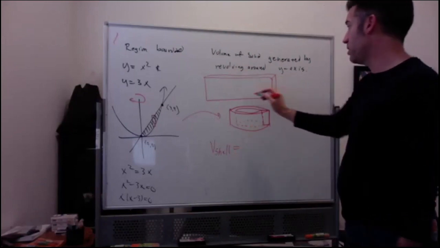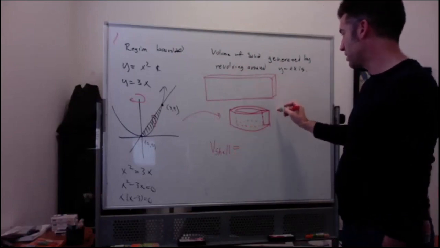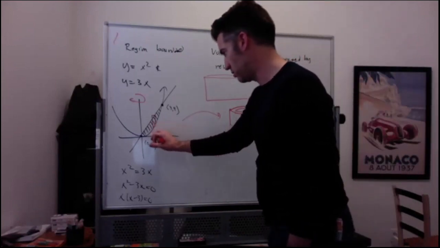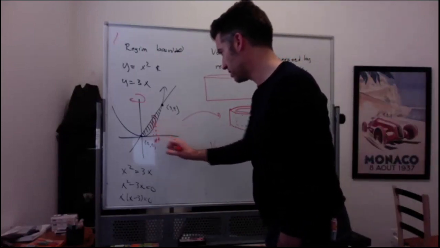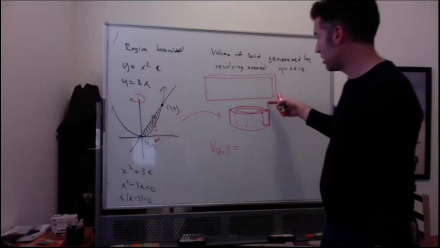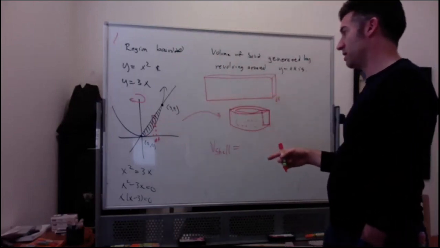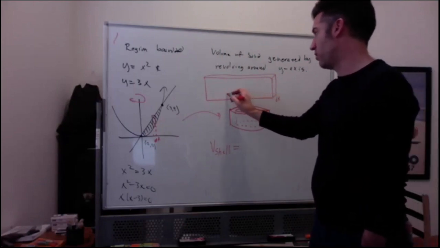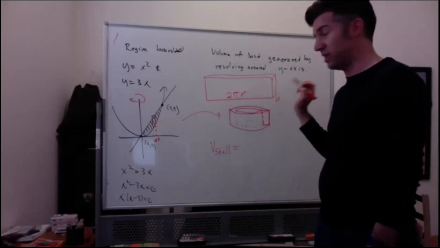But the volume here, well, this thickness is dx, right? Just like this thickness here is dx. And this length here is the length of the circumference, which is 2 pi times the radius. And we'll have to talk about the radius in a second.